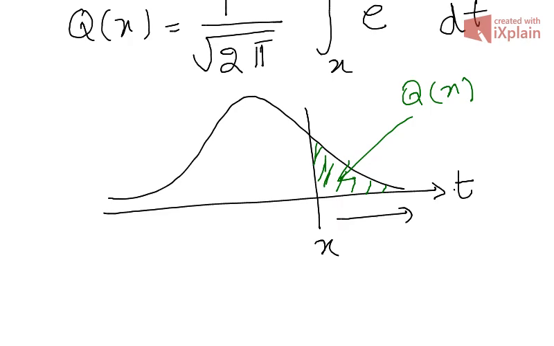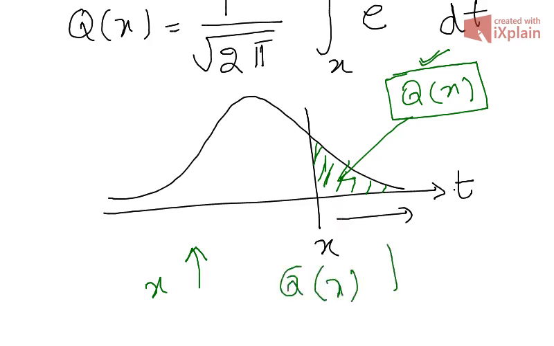And this is very important. If you see the different digital modulation schemes, your error probability appears in the form of Q(x), which is the complementary cumulative distribution function. Now keep in mind, if your x is greater, your Q(x) would be smaller.